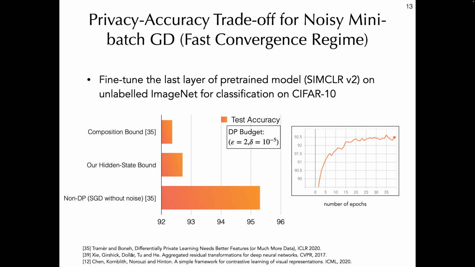And we observed that the accuracy for this learning task converges rather quickly within a few epochs. And as a result, our hidden state privacy bound in this case only enables slightly better accuracy than composition. And this is because here composition is only applied to a small number of epochs.